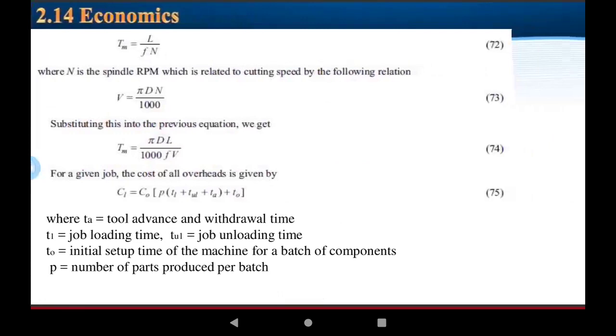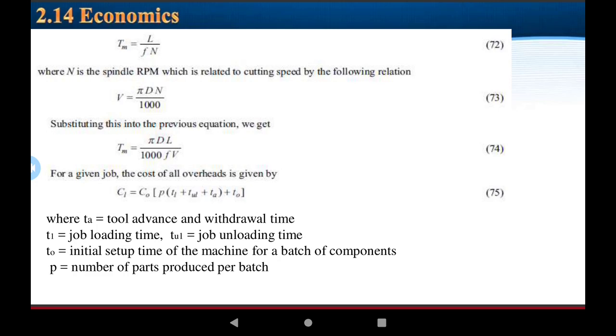Here n is the number of spindle revolutions in rpm, which relates to cutting speed V. The cutting speed is V equals pi D n by 1000.